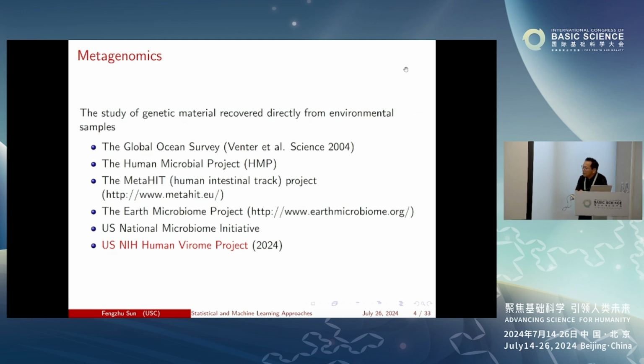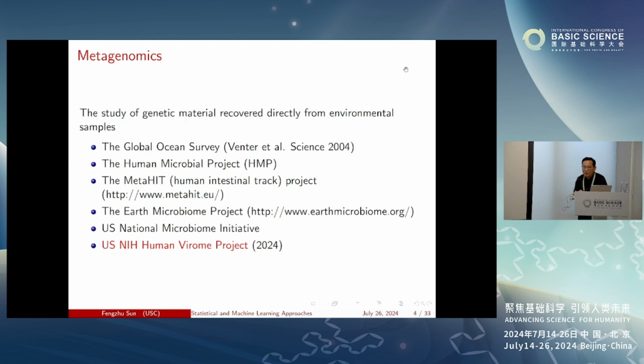Not only human health, but also other environments such as the ocean as well as soil are also very, very important because we have pollution and climate change and so on. That will change the microbial community in the ocean as well as in the soil.